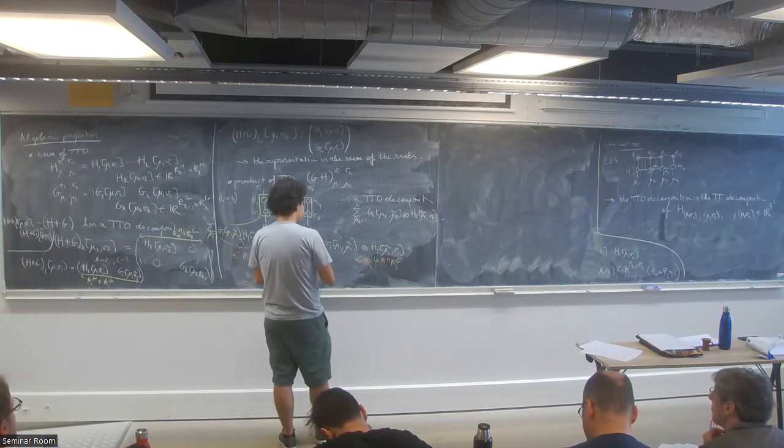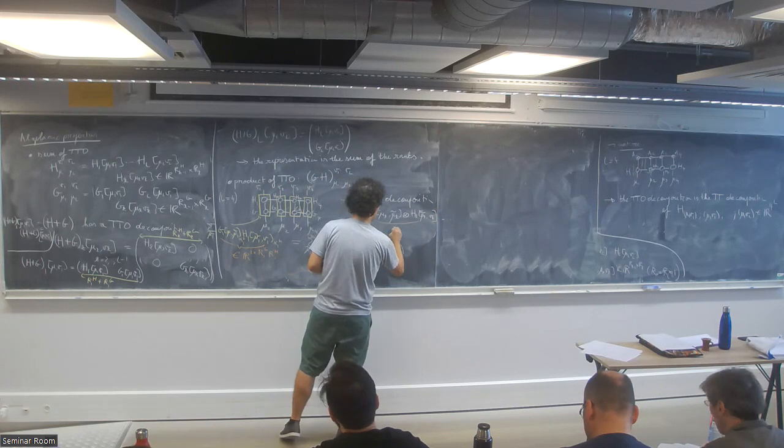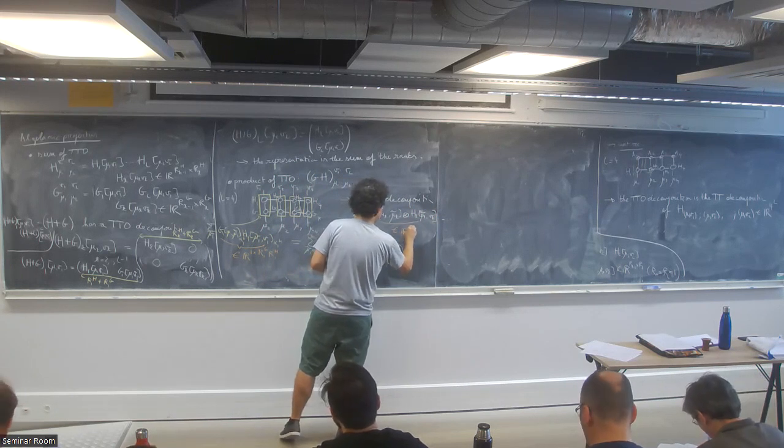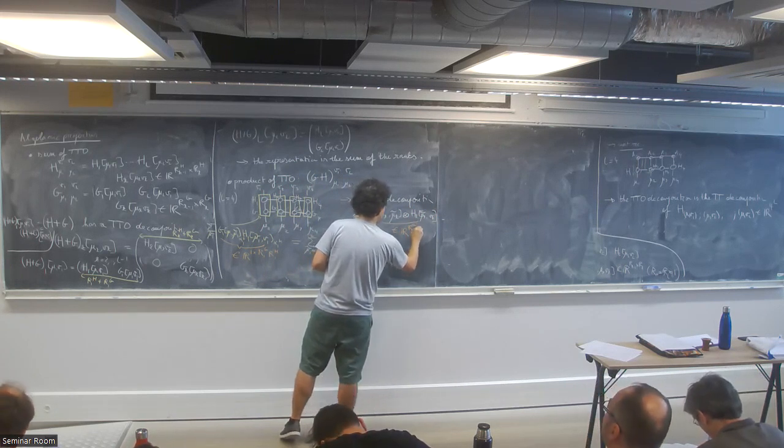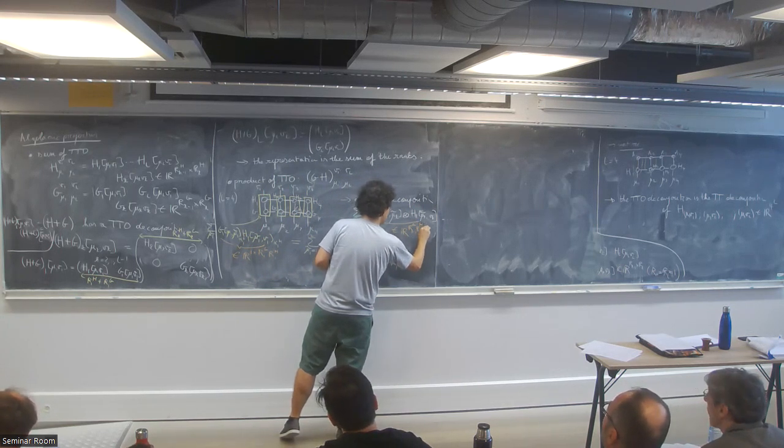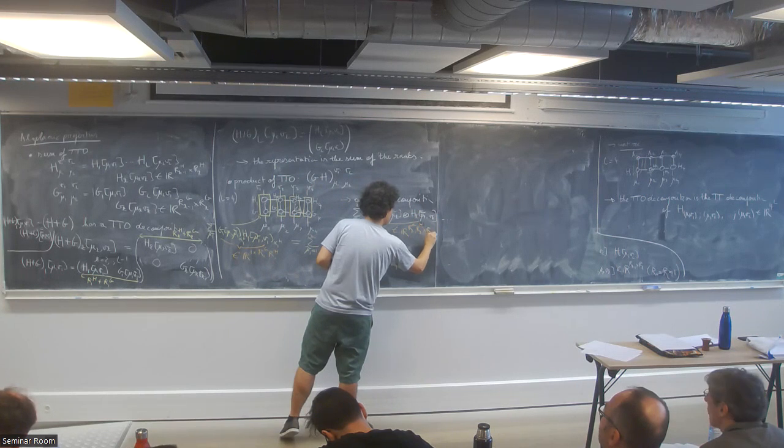And so this is of size then R k minus 1 G times R k minus 1 H, times R k G times R k H.